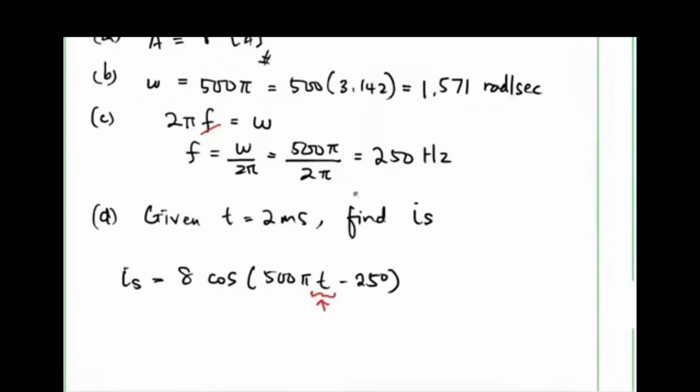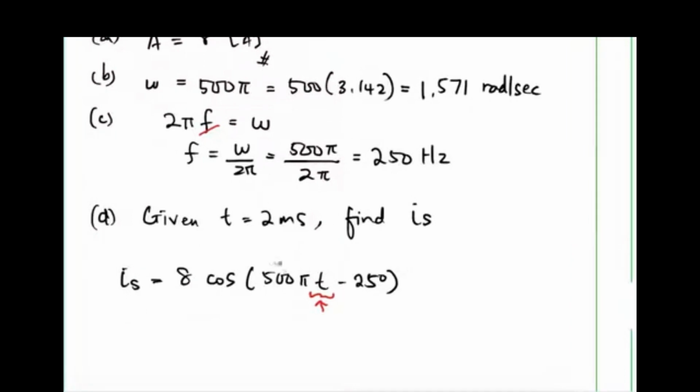However, I want to highlight the usual issue you need to take care of in the term inside the cosine bracket. On the right side, this minus 25 degree is in degrees. How about the left one?